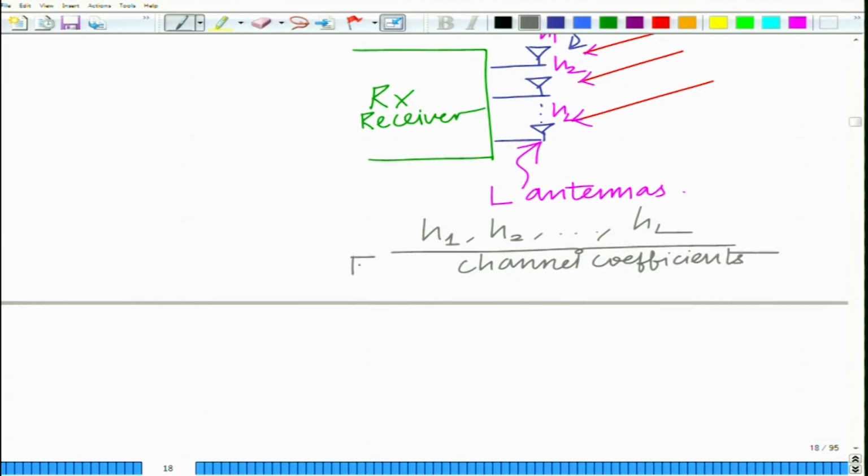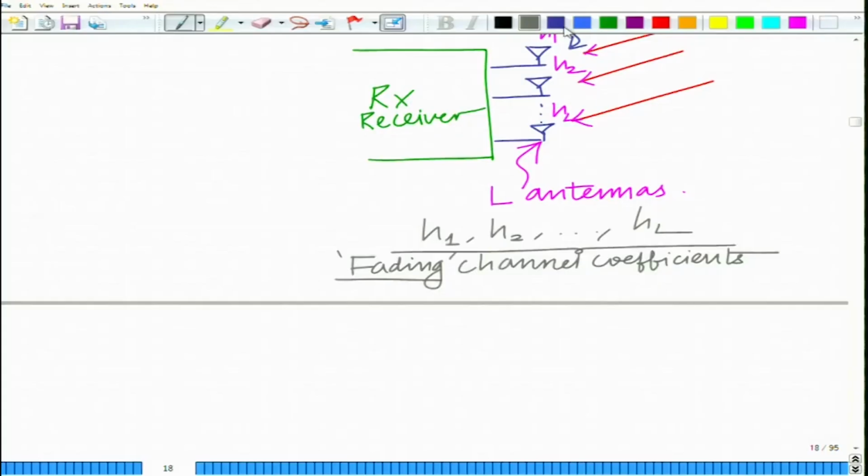These are also known as the fading channel coefficients, because the wireless channel is typically a fading channel, that is the received power across the channel is varying with time, it is increasing and decreasing. So, the wireless channel coefficients are also known as fading channel coefficients, and H1, H2, HL denote the L channel coefficients corresponding to the L antennas in this multi-antenna receiver, and this is also known as a single input multiple output or a SIMO receiver.